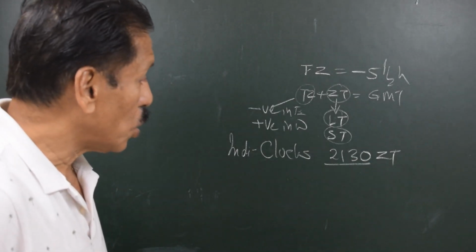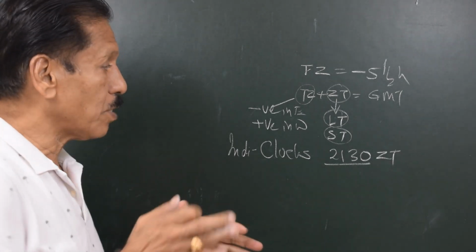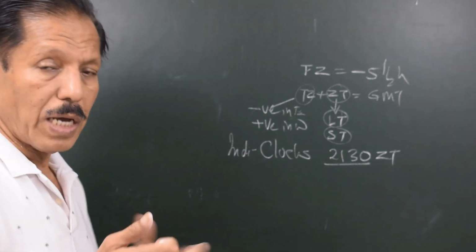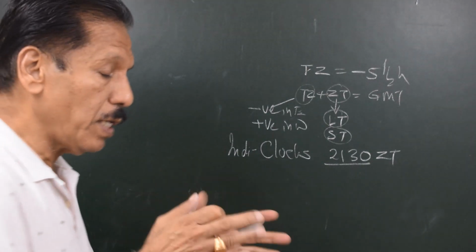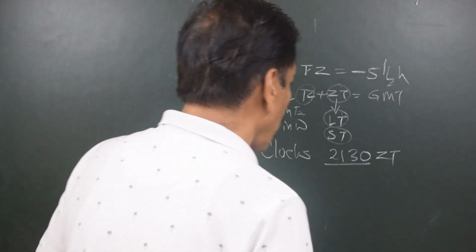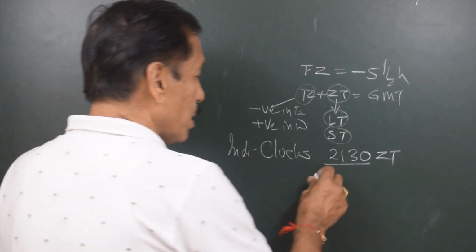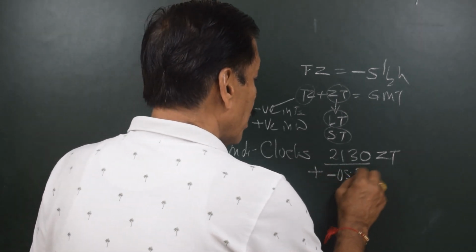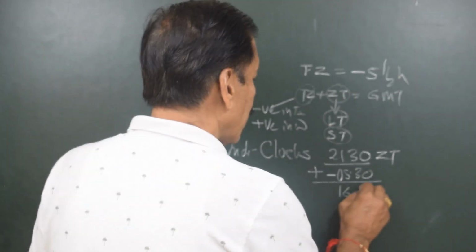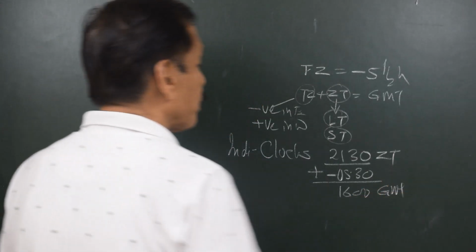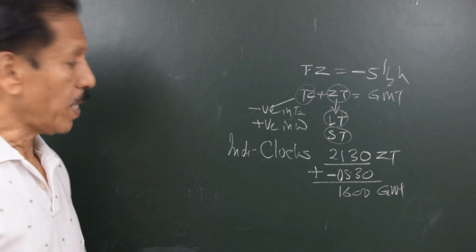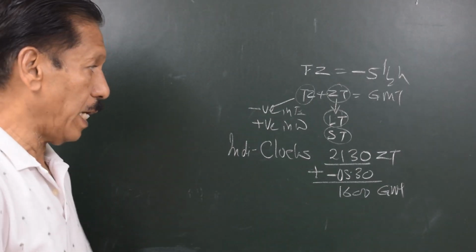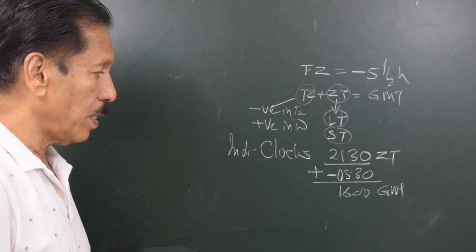It is zone time because it is the time that is maintained in that zone in the clocks, right? And the zone time can never be negative. So what time you see in the clocks is the zone time or the ship's time or the local time. Now this, when I add with the time zone, which is minus 5.5, I get 1600 as GMT. So that is the relationship between zone and zone time. Zone can be negative in east, positive in west, right?